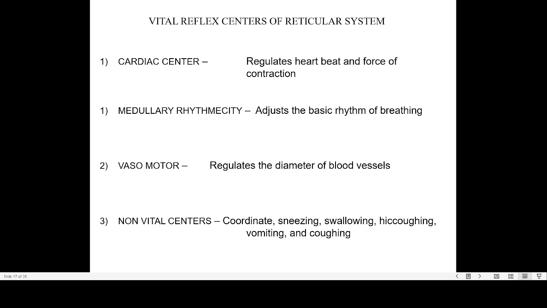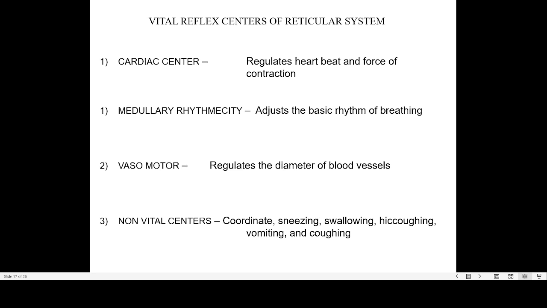Another important point in the medulla region, so don't forget it and concentrate here: the vital reflex centers, the very important centers, like the cardiac center that regulates the heartbeat and force of contraction, the medullary rhythmicity center that adjusts the basic rhythm of breathing, and the vasomotor center that regulates the diameter of the blood vessels.